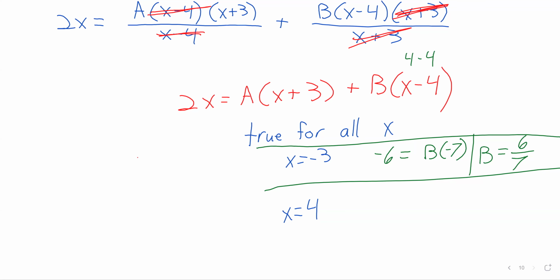We get 8 equals 7 times A. So A is 8/7. And that's the Heaviside method.